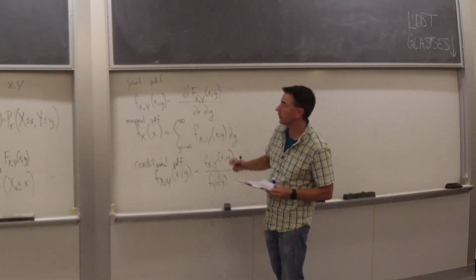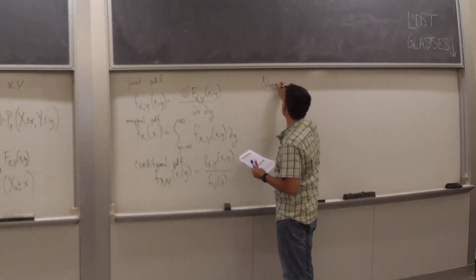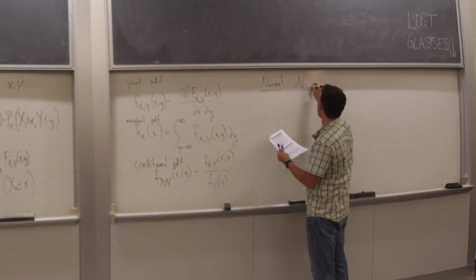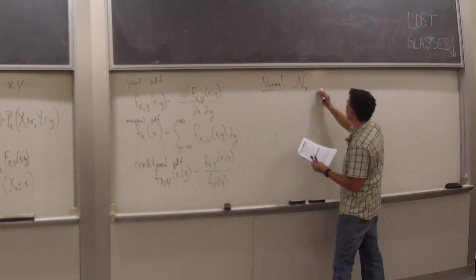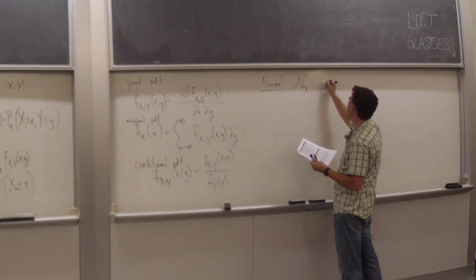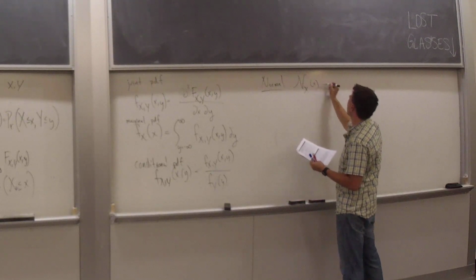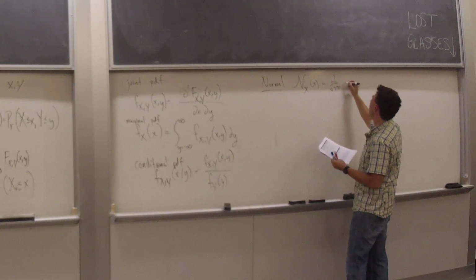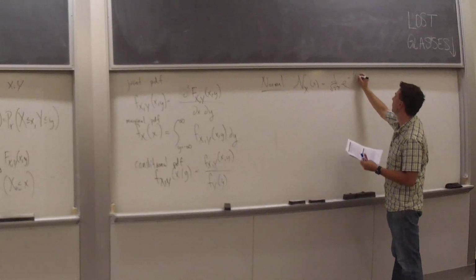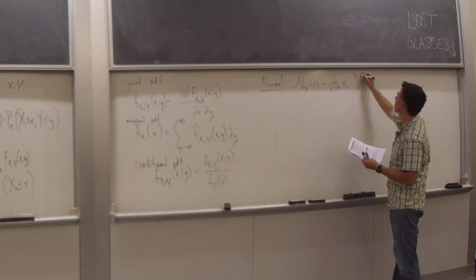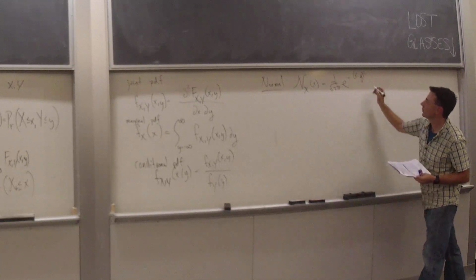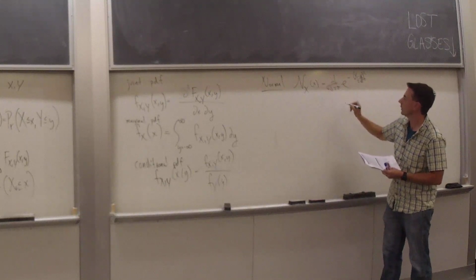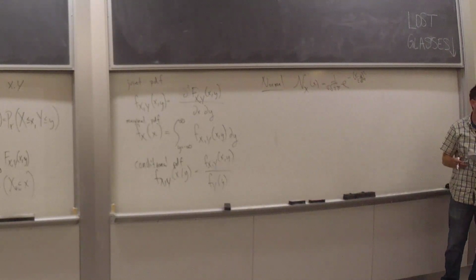We talked about the normal distribution, which is usually some random variable x, which is going to be 1 over square root 2 pi e to the negative x minus mu squared, and you divide by the variance here. Okay, so this is the normal distribution.